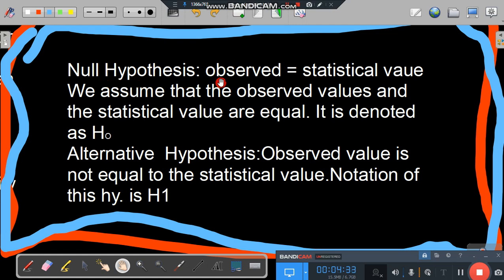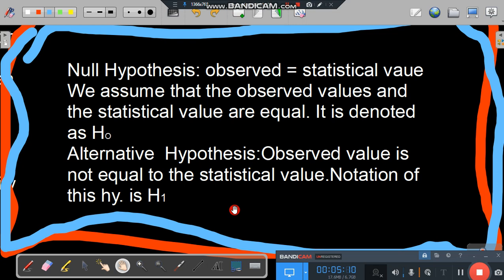When the null hypothesis says observed value equals statistical value, the alternative hypothesis says the observed value is not equal to the statistical value, exactly opposite to that assumption. We call it the alternative hypothesis, and it is denoted as H1. The suffix 1 you have to write.